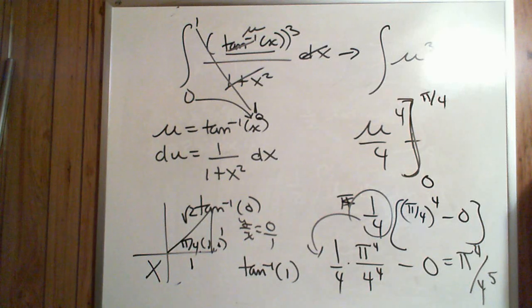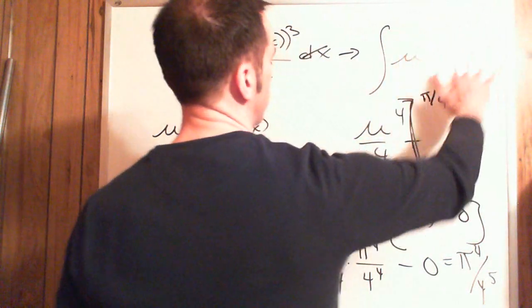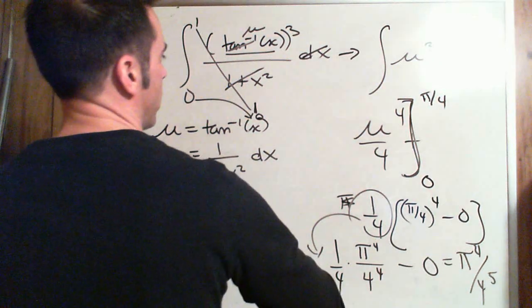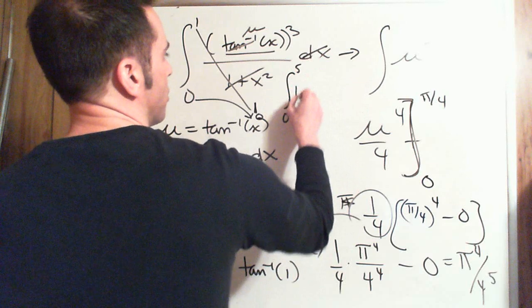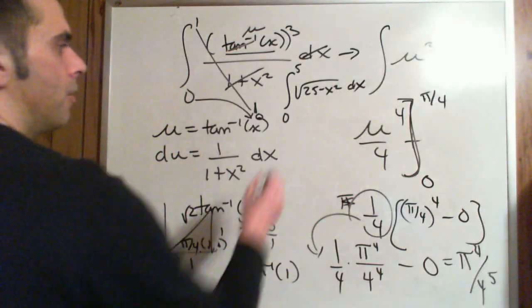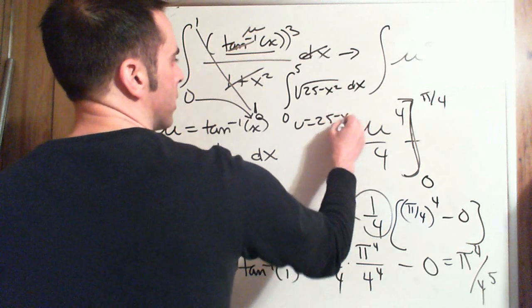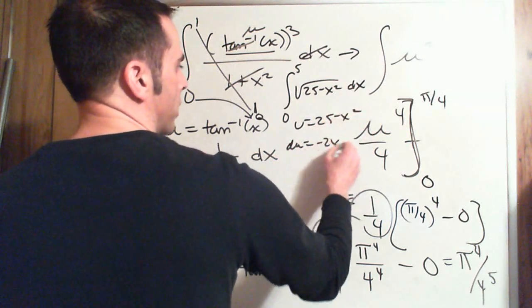Sometimes we will still have to use geometry because we won't end up with something that we know the antiderivative of. That something, for example, is the definite integral from 0 to 5 of the square root of 25 minus x squared dx. If I choose my u to be the inside stuff, I would get du equals negative 2x dx.